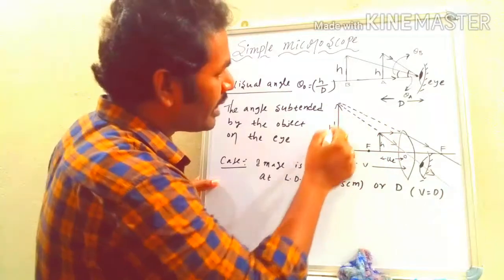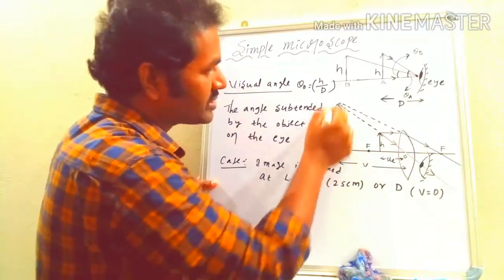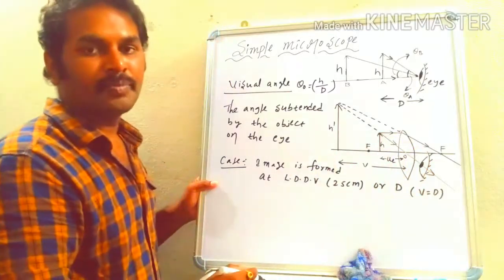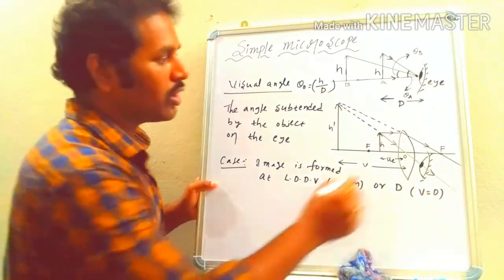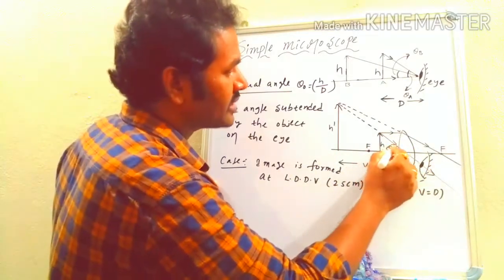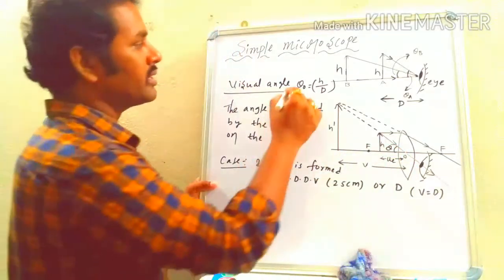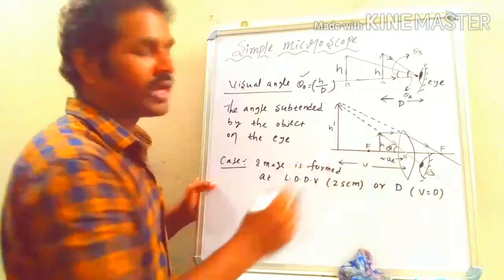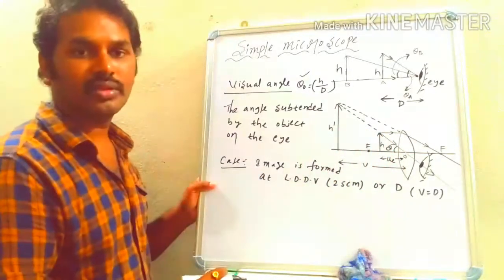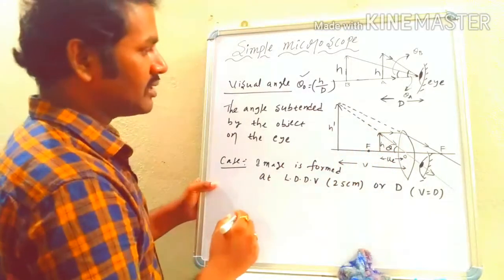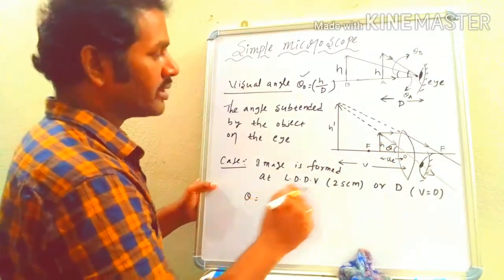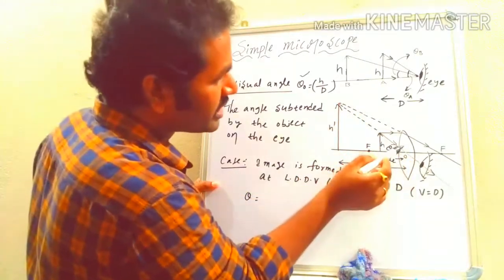Now, the angle made by this image at the naked eye is called the visual angle here. Let it be taken as theta. Earlier I took theta naught without the instrument, and with the instrument I take the visual angle as theta. Theta is equal to tan theta, and you can take it in two ways.